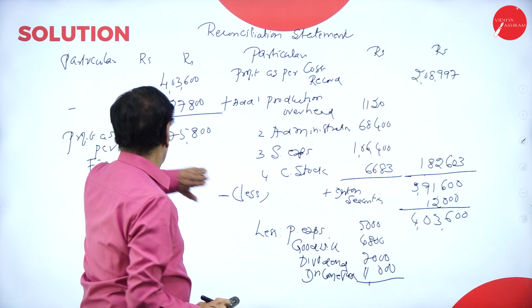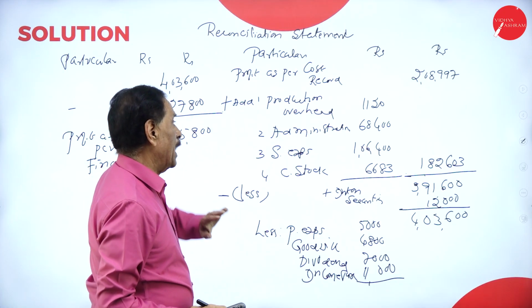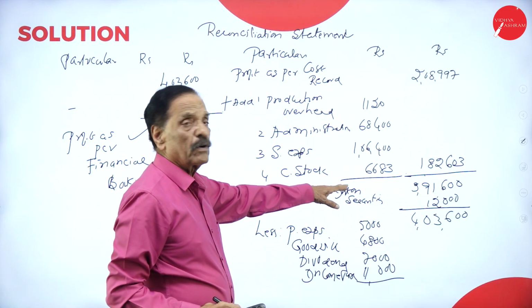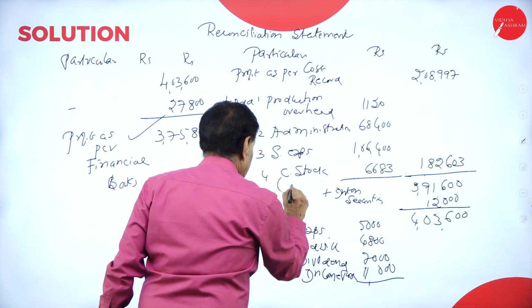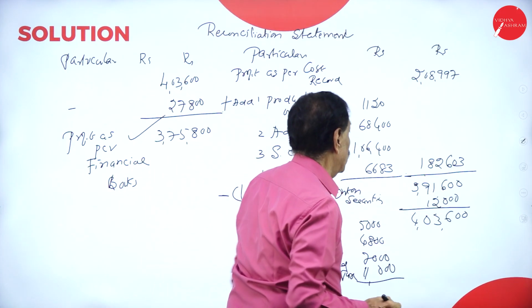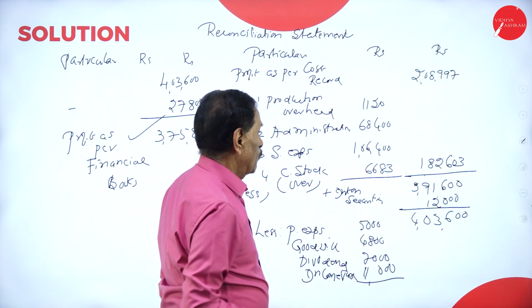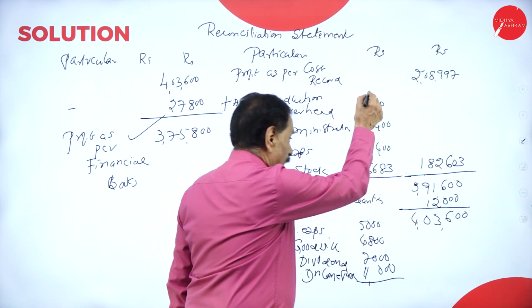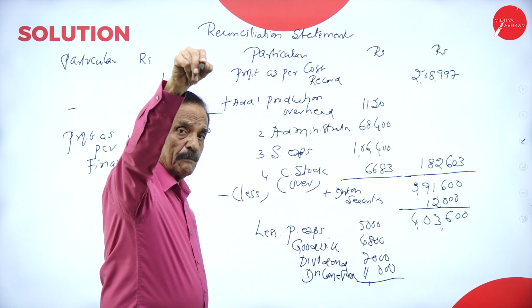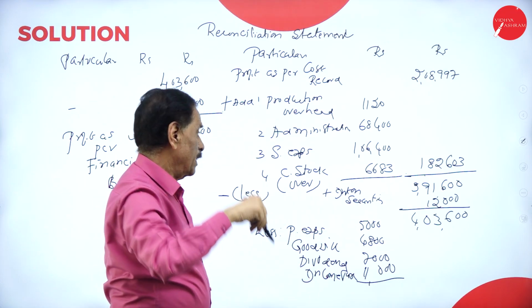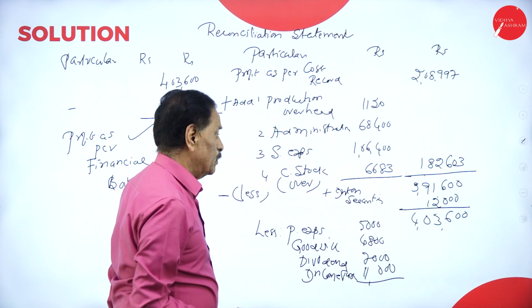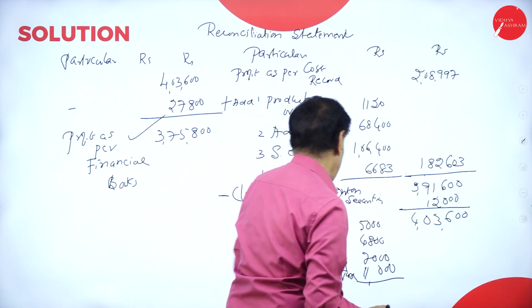Now reconciliation. Profit as per cost record 2,08,997. Add production overhead, administration, selling expenses and closing stock differences. It comes to 1,82,603 as per the working note, giving 3,91,600. Add interest on securities, 12,000, not recorded in the cost book, making 4,03,600.